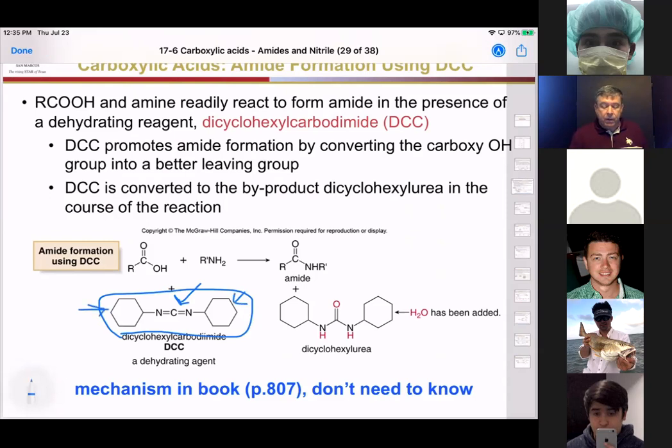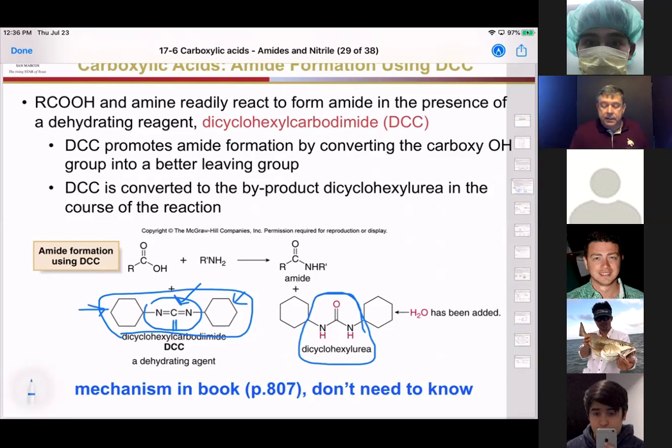But all the magic happens right here in the middle, because we're going to add the oxygen of the water to the carbon in the center, and we're going to add the hydrogens of the water to the two nitrogens adjacent. What we end up with is that weird thing with two nitrogens on it, a urea, and this material is water soluble and can be washed away.